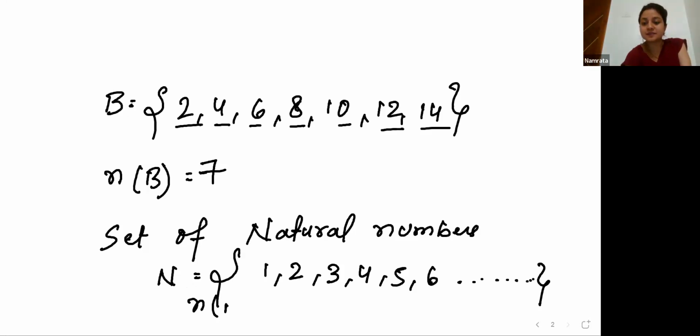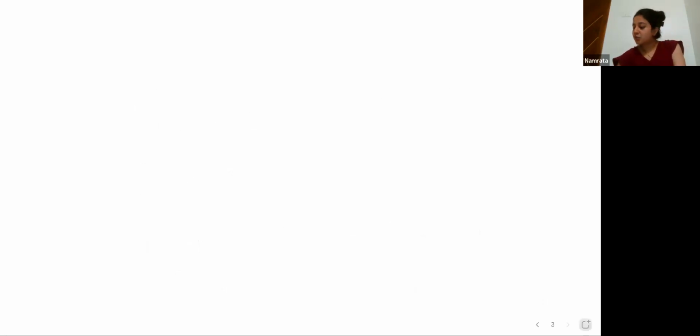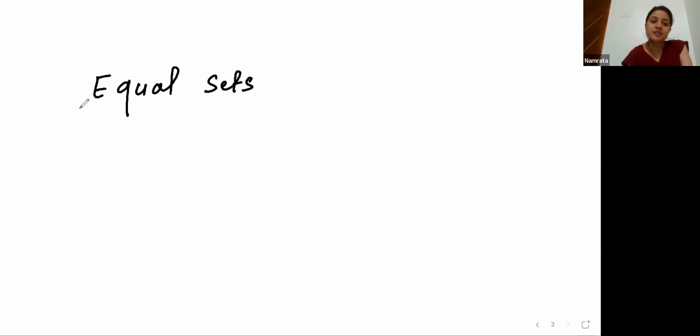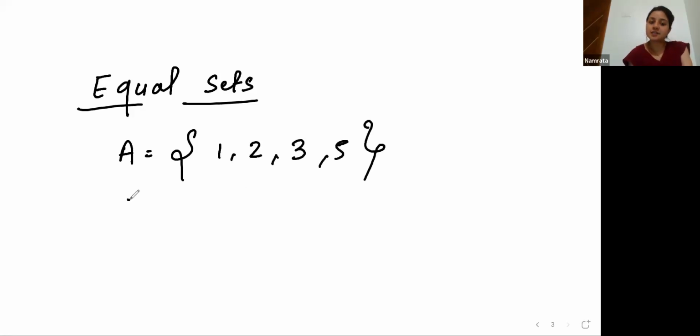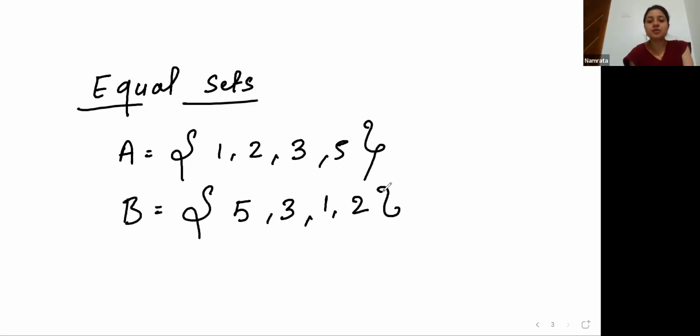All right. Now we will talk about equal sets. Two sets are equal when they have exactly the same elements. Suppose we have a set A with 1, 2, 3, 5, and a set B where the elements are 5, 3, 1, 2.